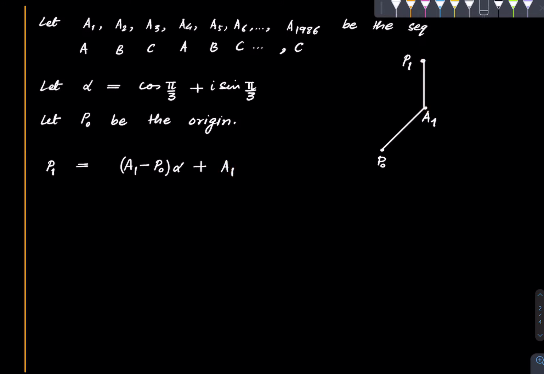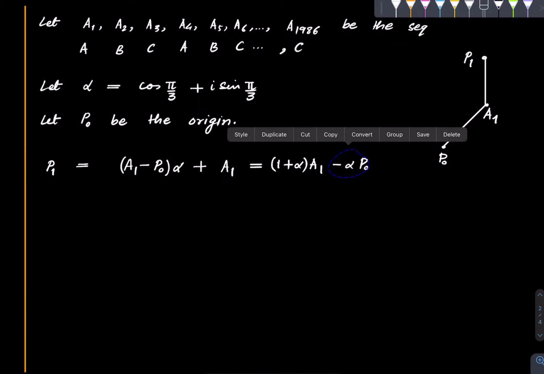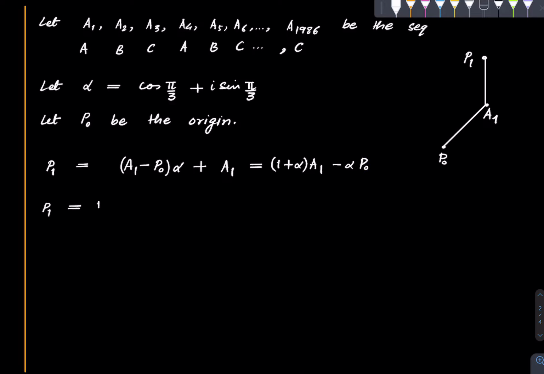This is equal to 1 plus alpha A1 minus alpha P naught, right? So this is just a computation. So basically P1 is, let me rewrite that. So P1 is this.